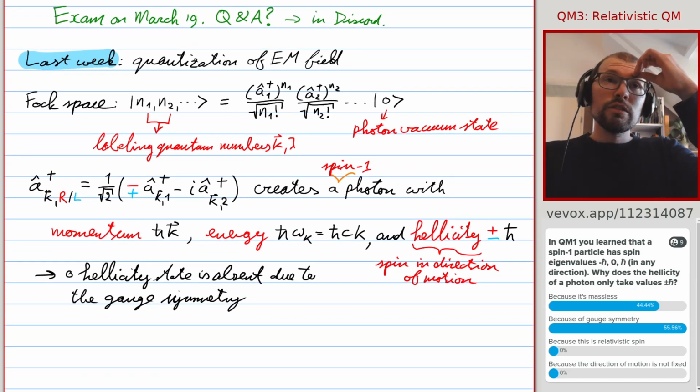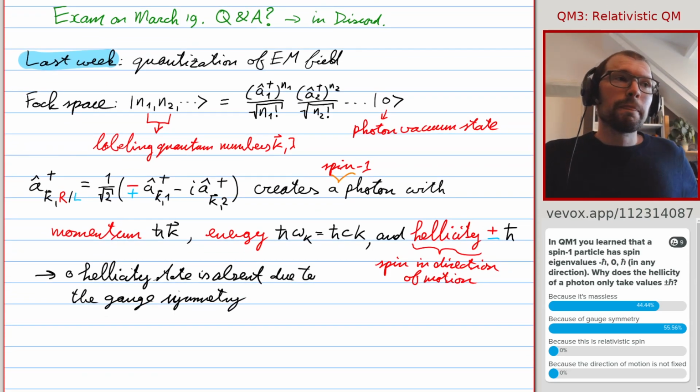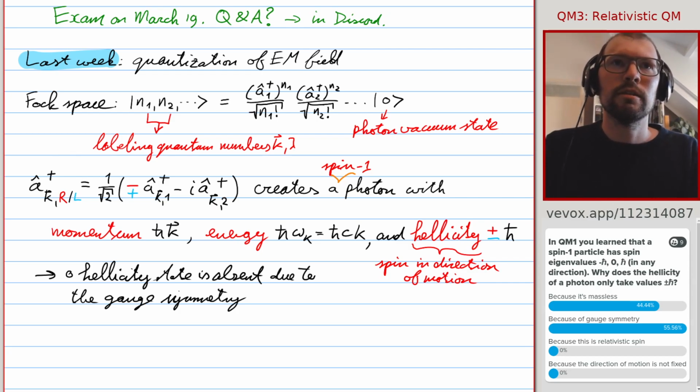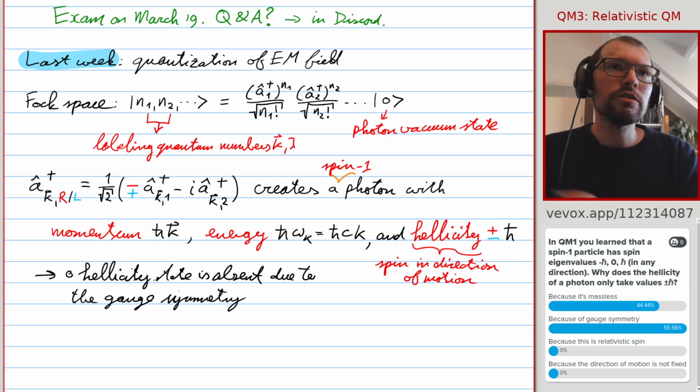Are there any further questions about last week's material? Otherwise, we'll continue and draw some conclusions about the quantum statistics of photons.